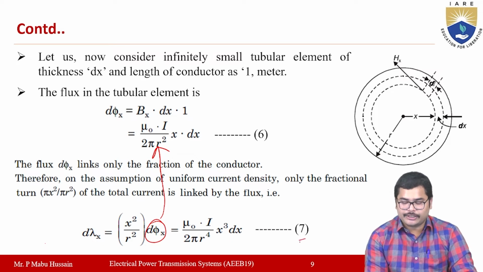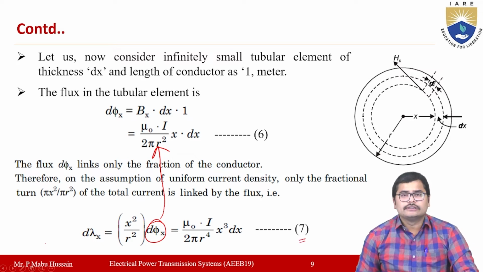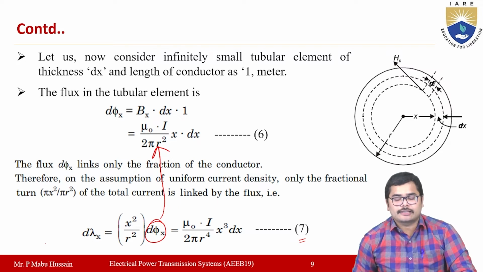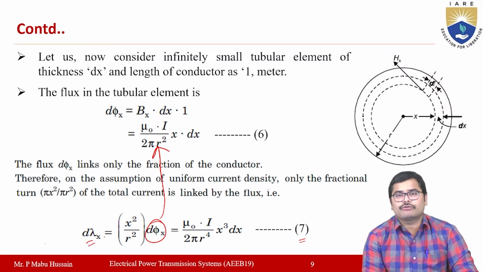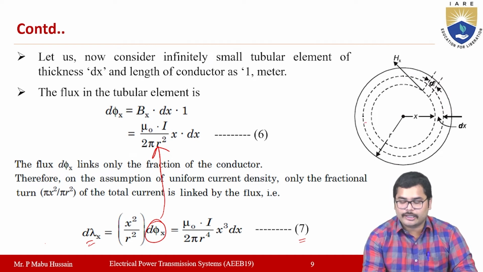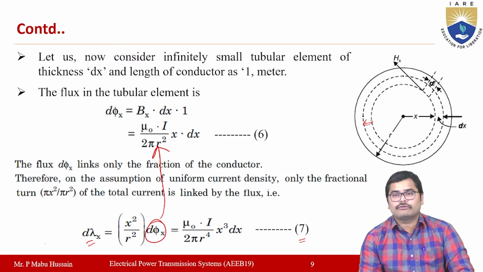Let it be equation number 7. This d lambda x is the flux linkages inside the tubular element.